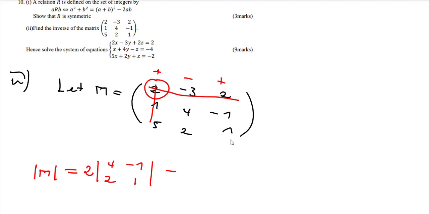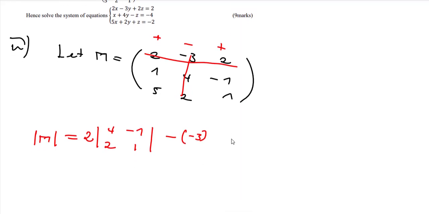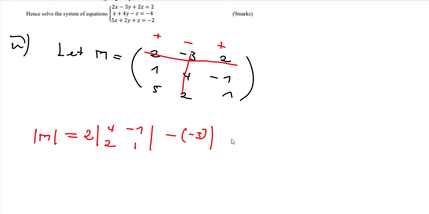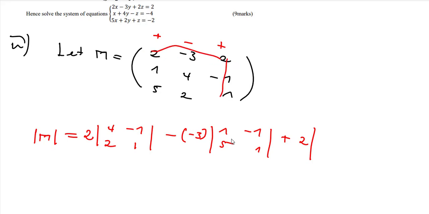The next number is negative 3, so we do the same block: we block the respective row and column to which it belongs, and the equivalent 2 by 2 matrix is 1, negative 1, 5, 1. Then plus, that's the next sign, 2 times, we get the next block, so we have 1, 4, 5, 2.